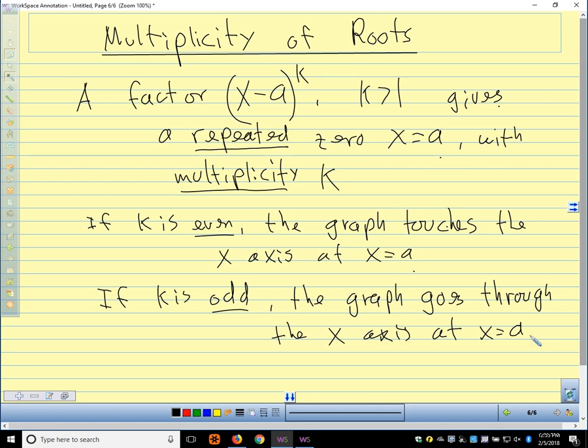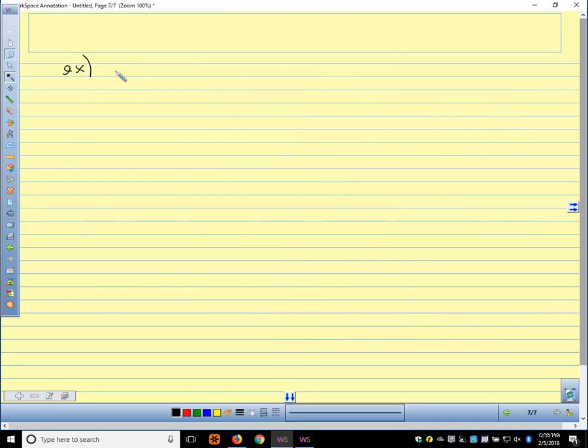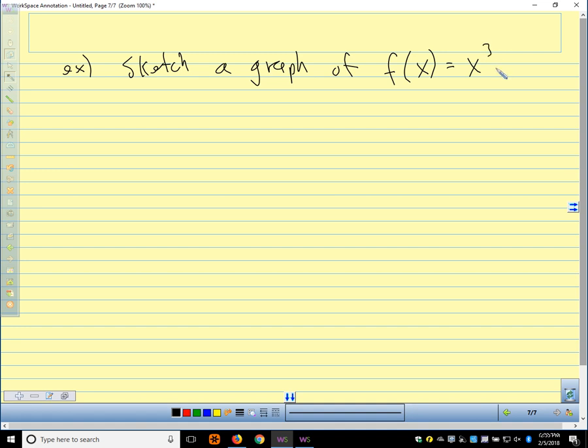So let's take an example of that. Questions on this? So we want to sketch a graph of f of x equals x cubed minus 2x squared. All right.